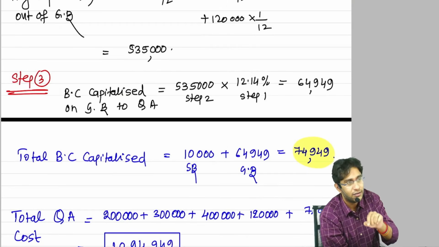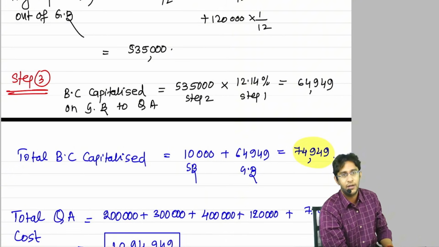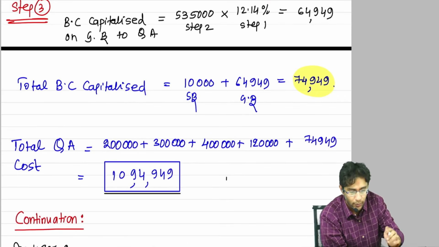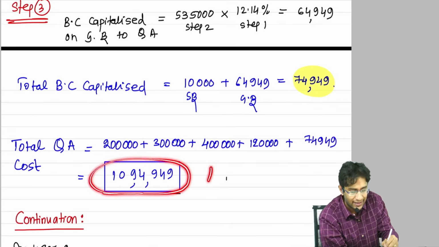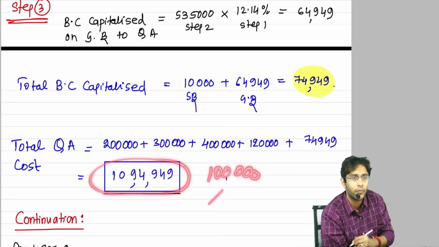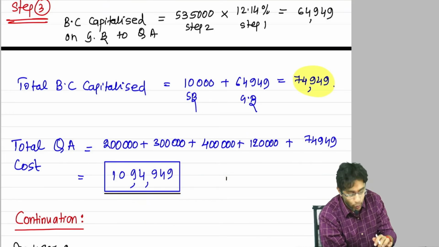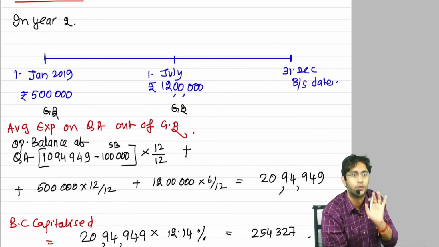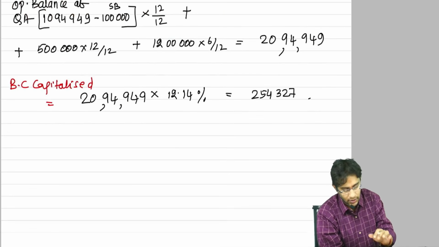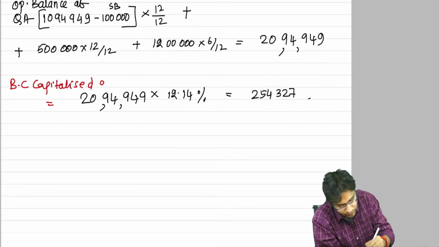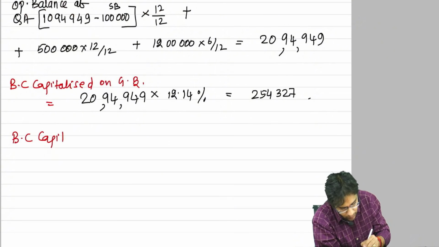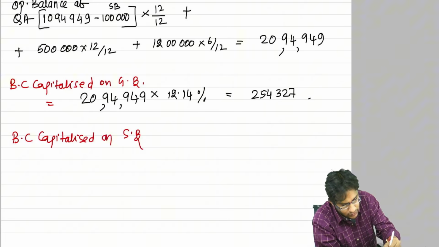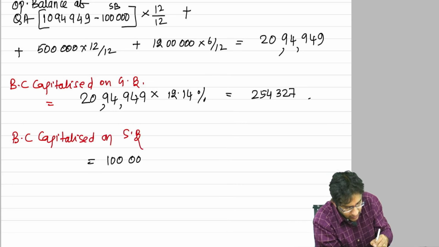Interest on qualifying asset capitalized is also paid out of general borrowings. So what is funded out of general borrowings is completely other than 1 lakh rupees. Are you understanding, sir? So your opening balance includes interest also, which is previously capitalized. So the borrowing cost capitalized on general borrowings. If you ask me, borrowing cost capitalized on specific borrowings, of course that is also there. How much is that?